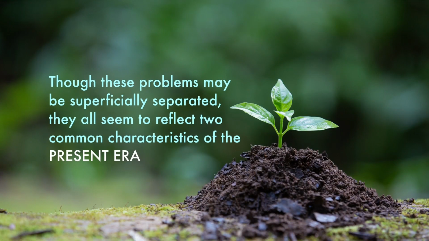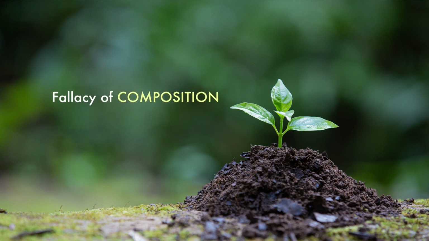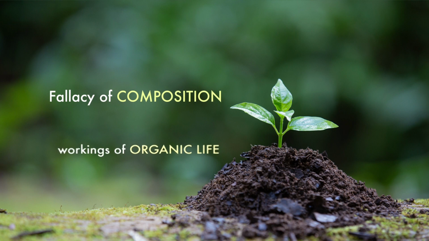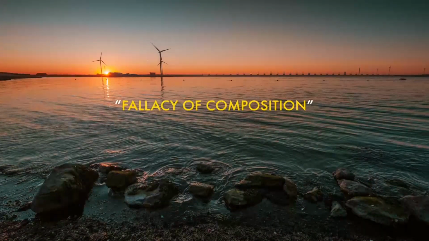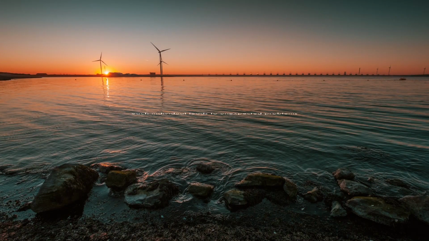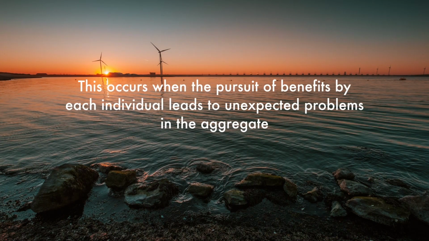Though these problems may be superficially separate, we can see that they reflect two common characteristics of the present era: fallacy of composition and fragmentation of holistic working of organic life. First, the fallacy of composition characteristic. This occurs when pursuit of benefits by each individual leads to unexpected problems in aggregate.